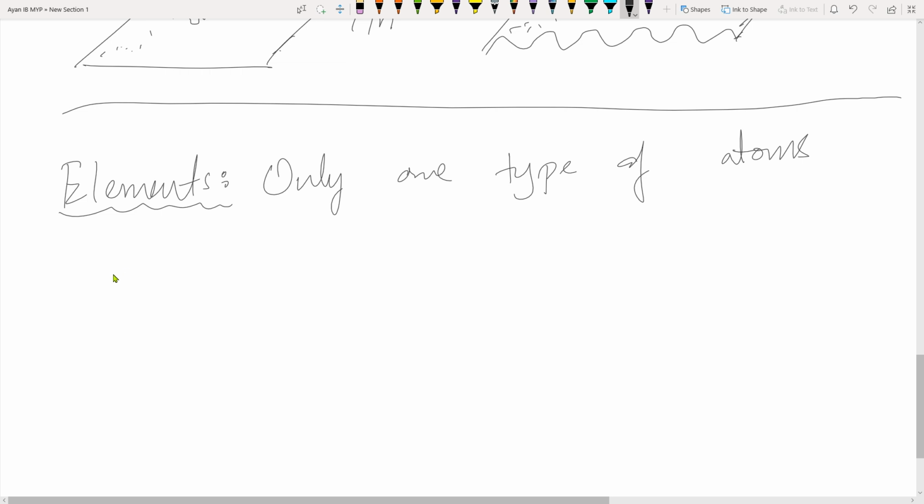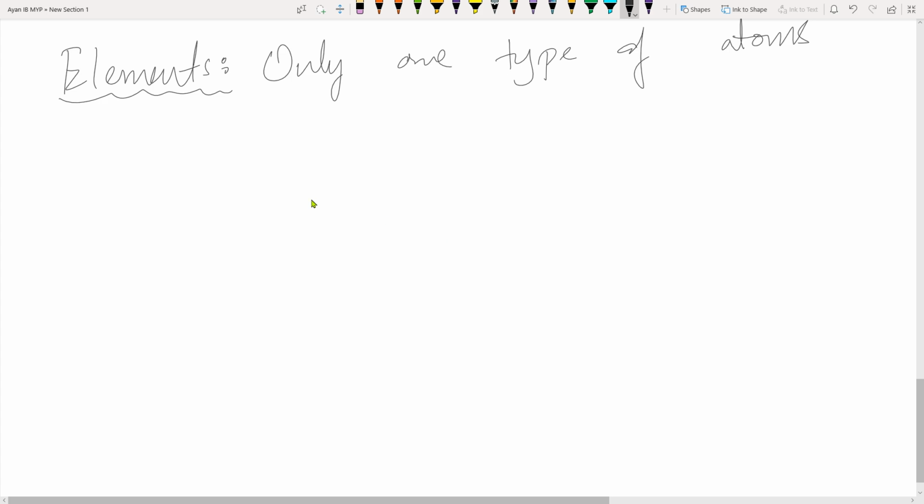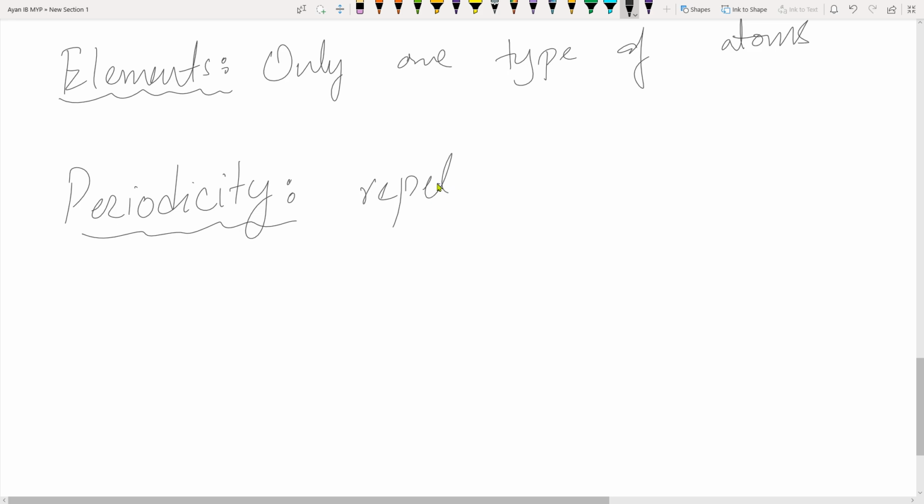We have discovered so many of them, so we wanted to create an arrangement that could help us understand the behavior of elements and relate them together. That is what we call periodicity, which means repetition of behavior, in general, of how the materials behave.